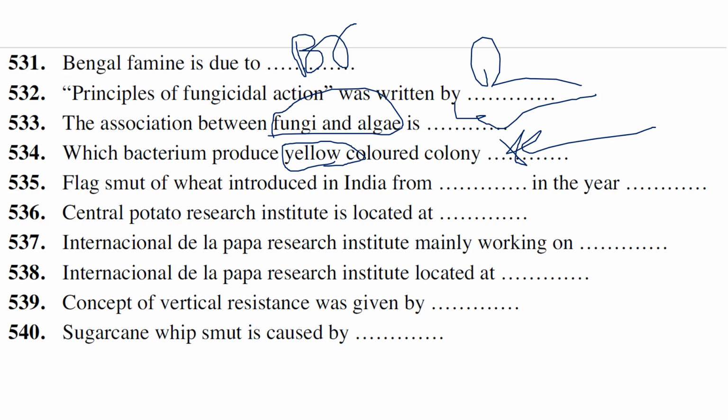The Australians somehow controlled it effectively. But from Australia the flag smut was introduced in India in the year 1906. Later this flag smut became one of the dangerous diseases in India. So we actually introduced it from Australia in 1906.